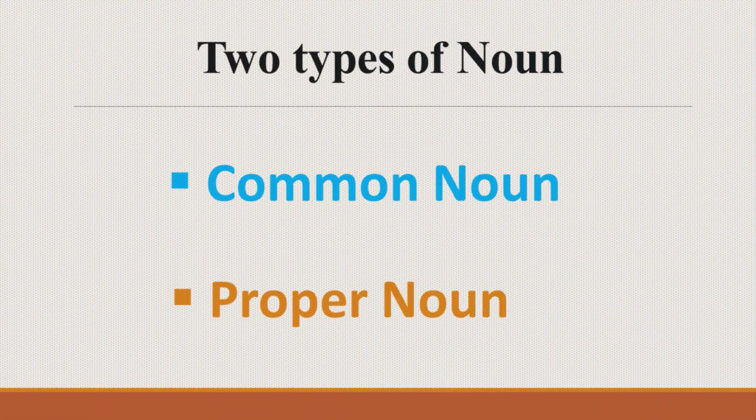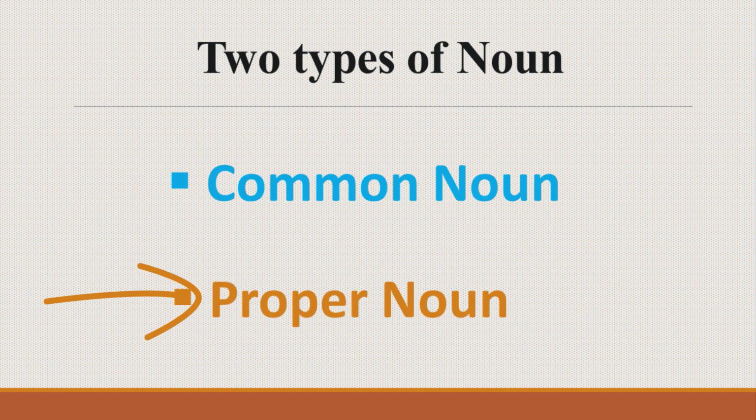In the last video we learned about common and proper nouns. So today we'll be doing the worksheet for that. Before that, I would like you to revise once again common and proper nouns. Common nouns are the general names for the nouns and they're always written with a small letter. For example, girl, boy, city, park, etc. Whereas proper nouns are the special names for the nouns and they are always written with a capital letter.